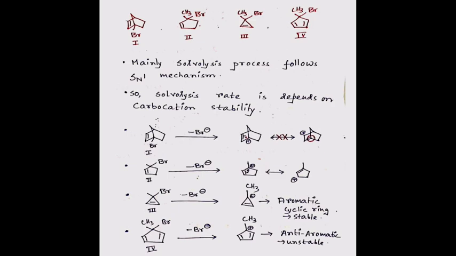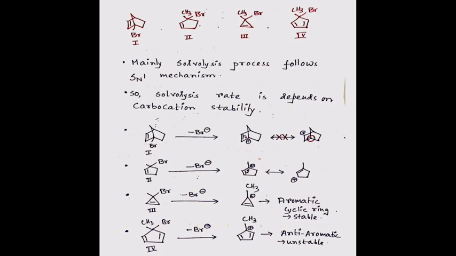So that's why, since the solvolysis rate mainly depends upon the carbocation stability, we can easily say that the solvolysis rate of compound 3 and compound 2 becomes higher, and compound 4 has the lowest solvolysis rate.